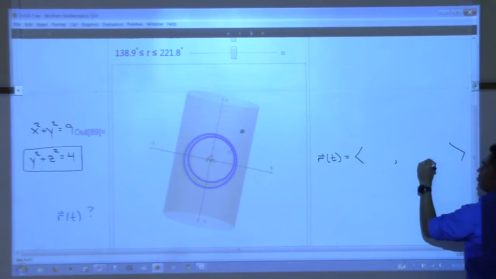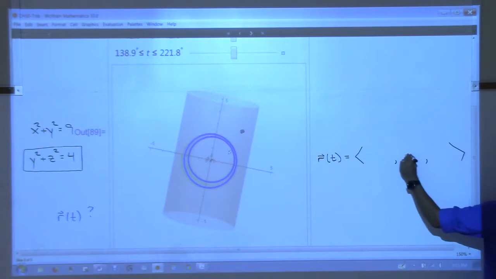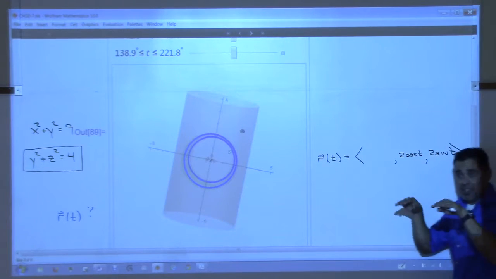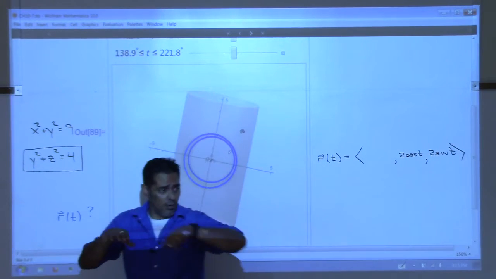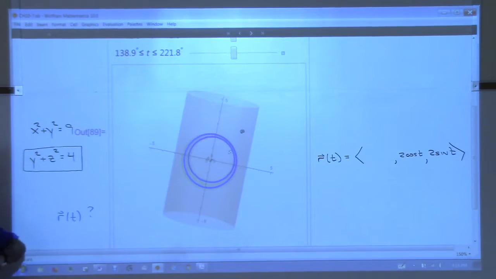So what should these two component functions be to draw me a circle of radius 2? 2 cosine t and 2 sine t. Before, when we used cosine t, sine t, that drew the unit circle, but putting a 2 in front will draw a circle of radius 2. So that should draw me this circle.